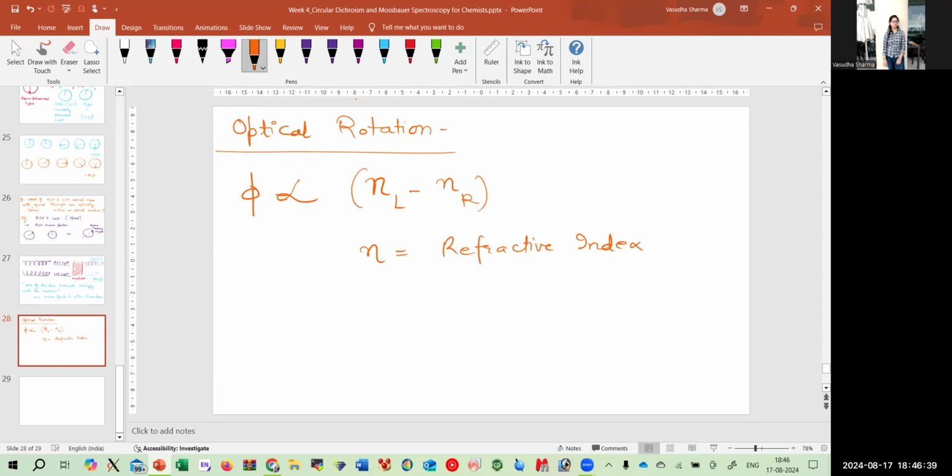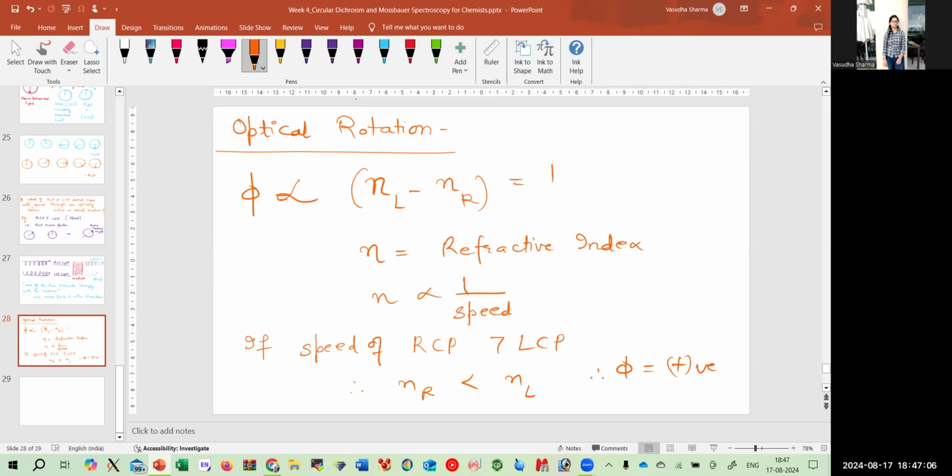And we know that it is inversely proportional to the speed. Therefore, if the speed of your RCP is greater than LCP, then nR would be less than nL, and in that case, your phi would be positive, and its actual definition is 180 into L times (nL minus nR) divided by lambda.